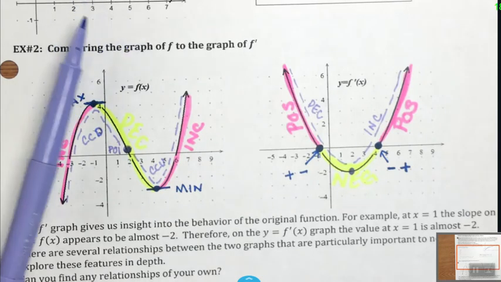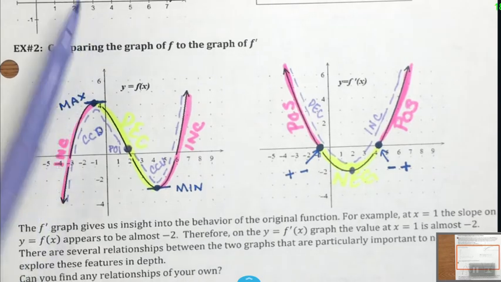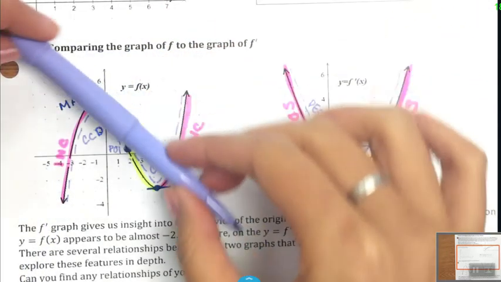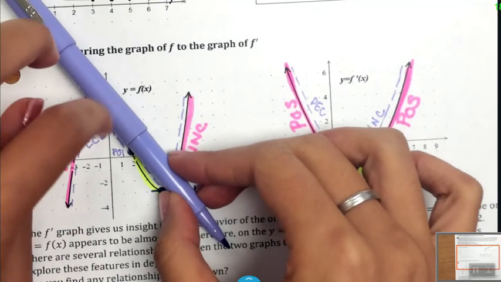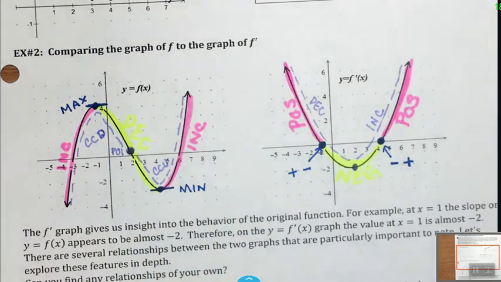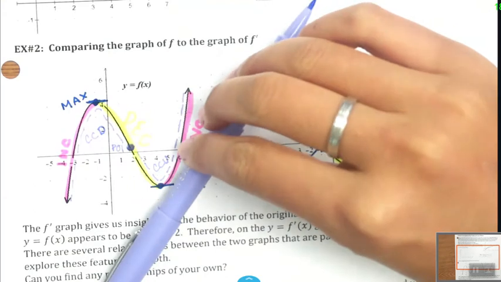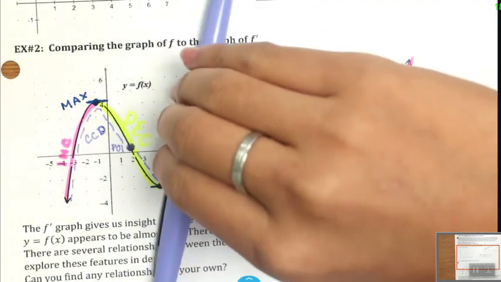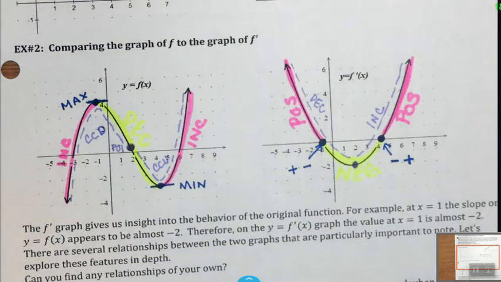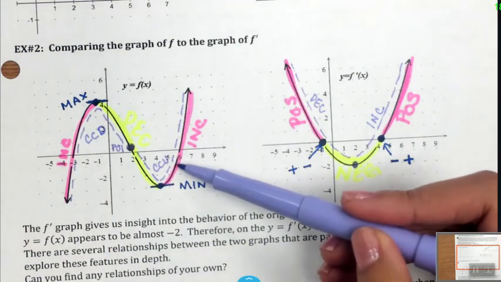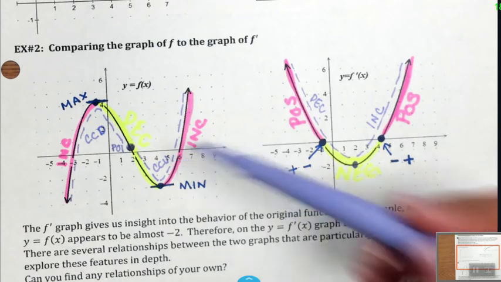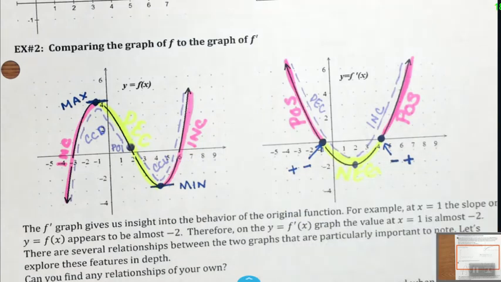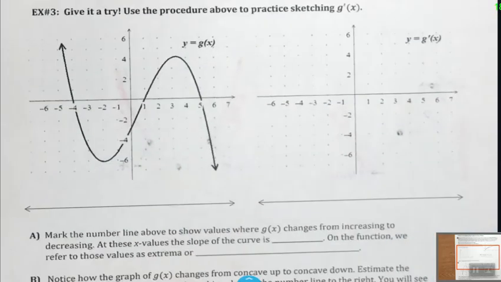Any tangent line that I draw, the function will be below the tangent line. And on any part of a concave up graph, a tangent line's gonna be underneath the actual curve. Okay, so if you draw a tangent line at any one of these points, the tangent line's gonna be underneath the actual curve. All right? Excellent. Let's do this one now.